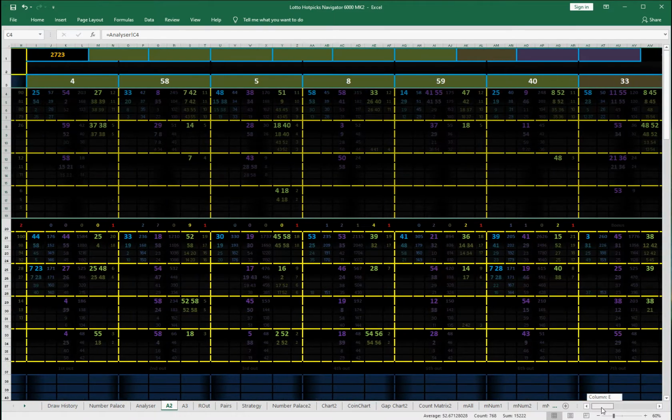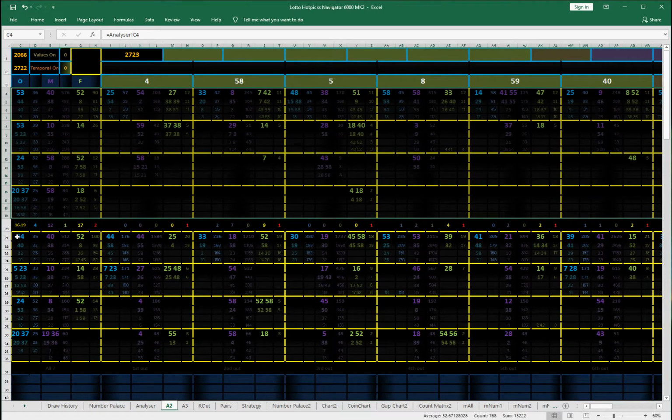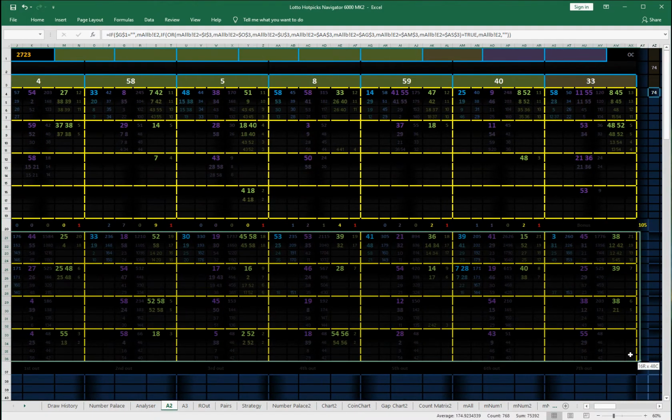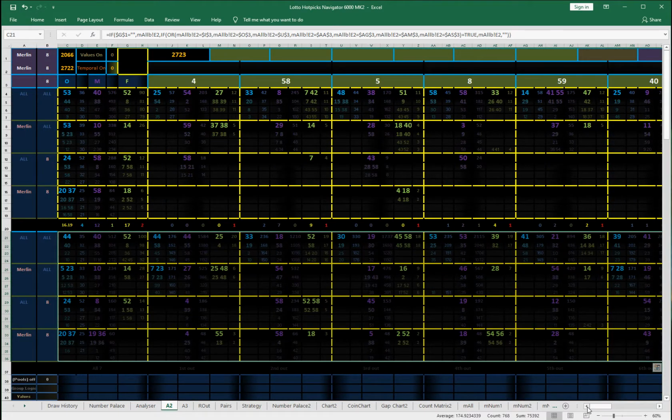That's 48 times 8. There are 2 sections, the upper row and the bottom row. That's 48 times 8 times 2. Or, in other words, 96 times 4.